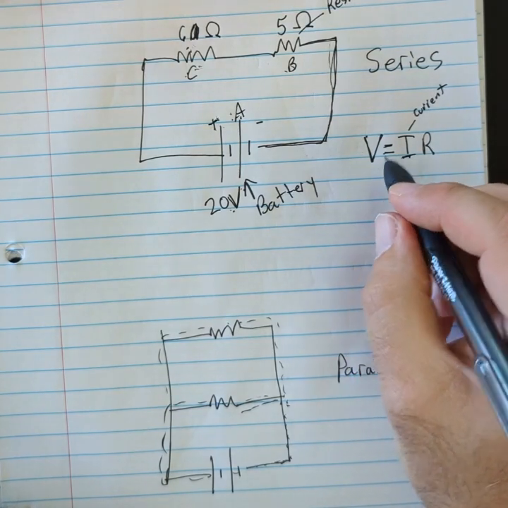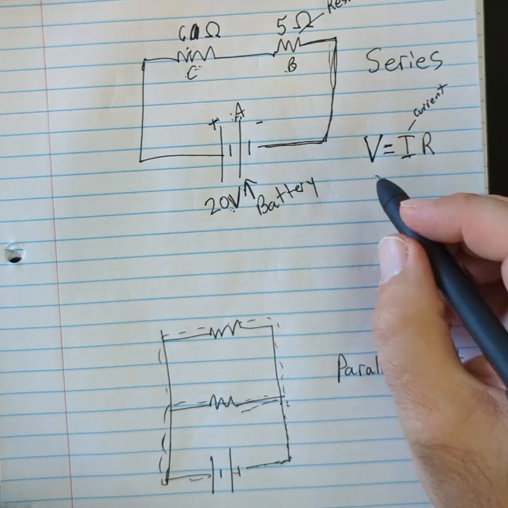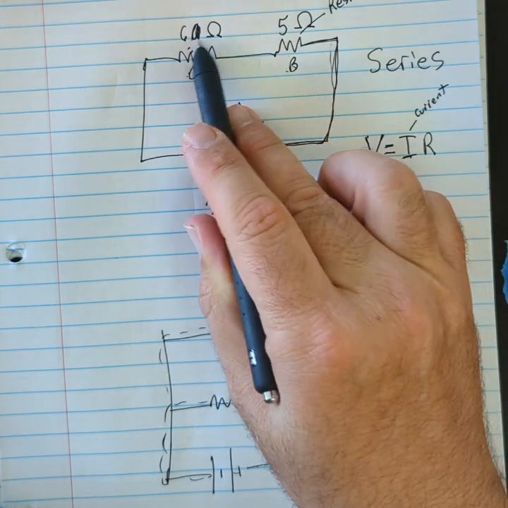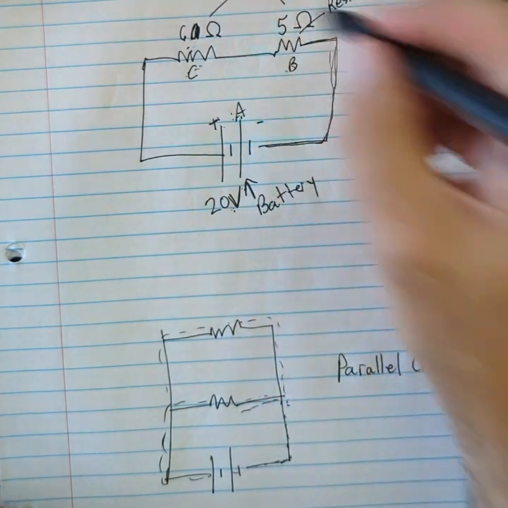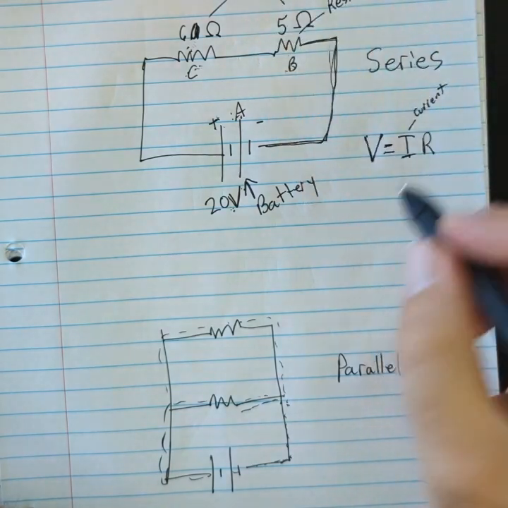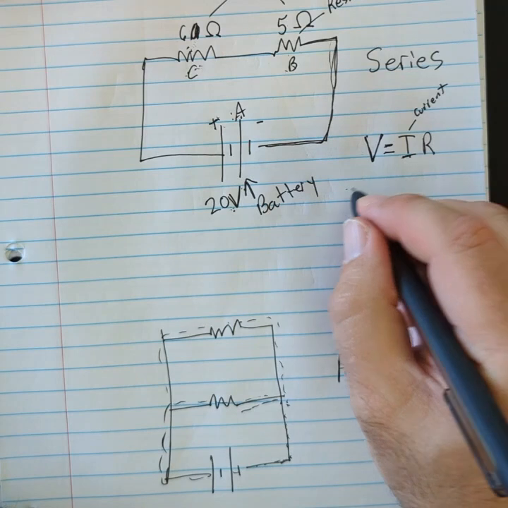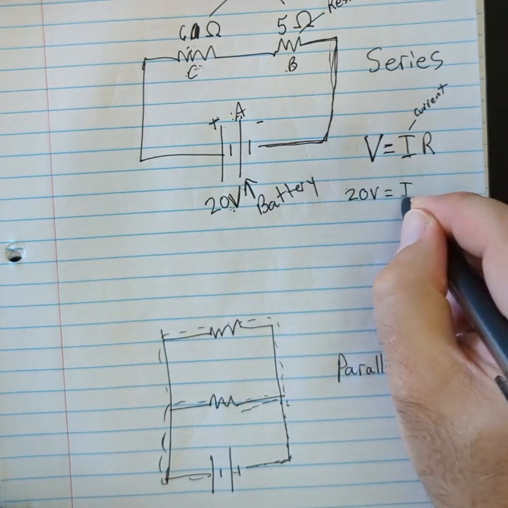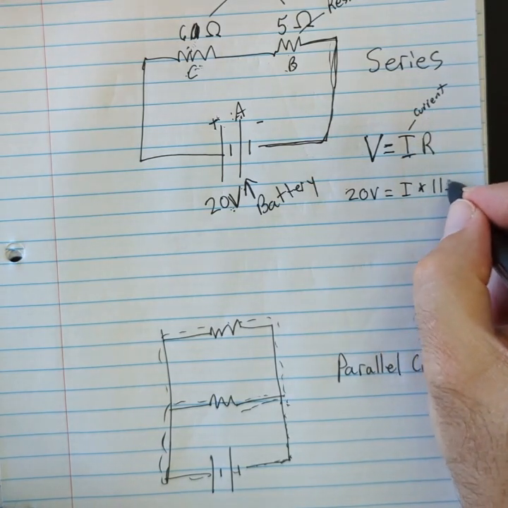So, they might ask, what happens if we double the voltage? Well, since this is a series circuit, I can just add the resistances together and get a total resistance of 11 ohms. So then, if I don't know the answer off the top of my head, I can just say 20 volts is equal to I times 11 ohms.